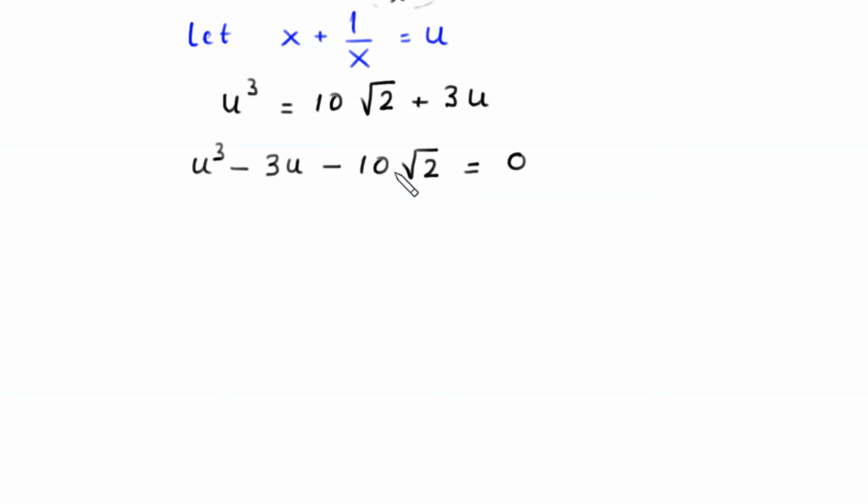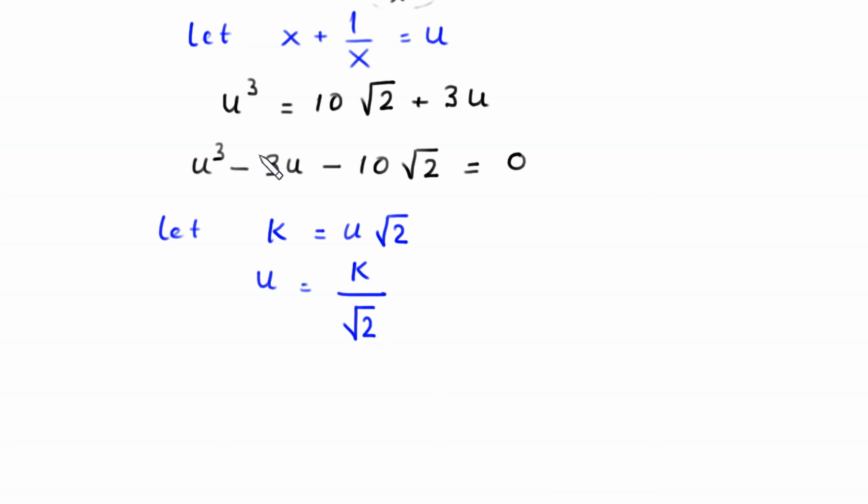Now because in the constant we have root 2, we suppose that let k is equal to u times root 2, and if we divide both sides by root 2, then this implies that u is equal to k divided by root 2.